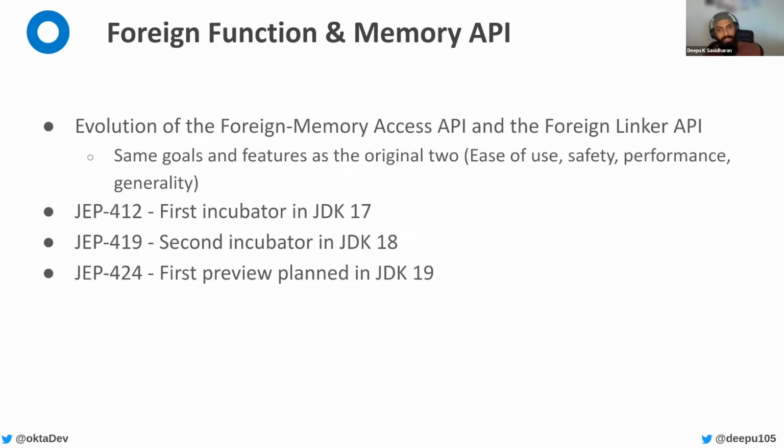Again, first incubated in JDK 17, second incubator in JDK 18, and we are going to get the first preview in JDK 19. So it's in the preview state now, so it should be much more stable now, and hopefully we'll have this standardized by, I don't know, JDK 21, hopefully. So let's hope for that. That should be like in a year, probably, year and a half.